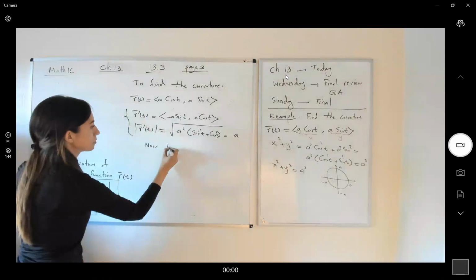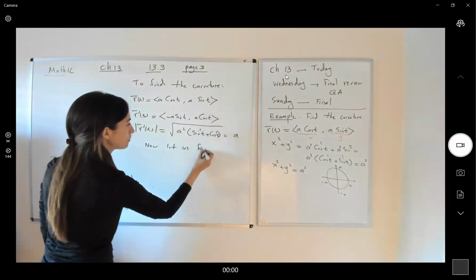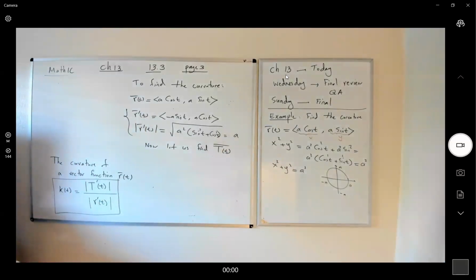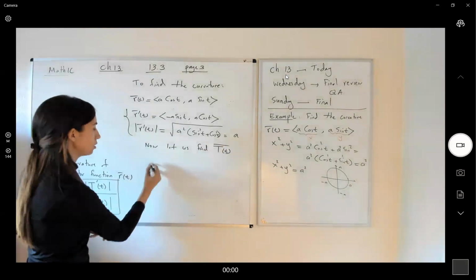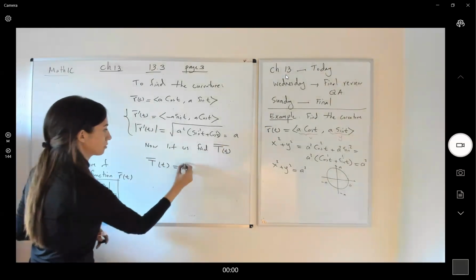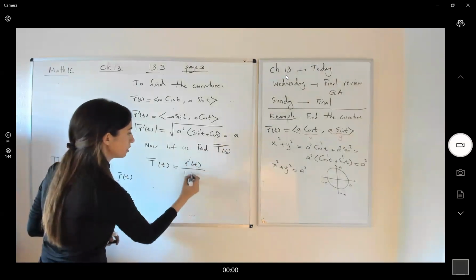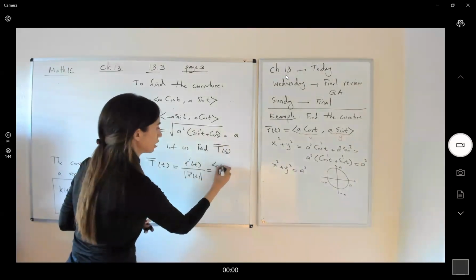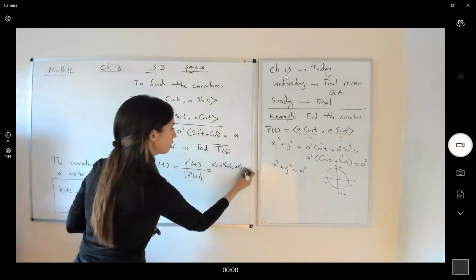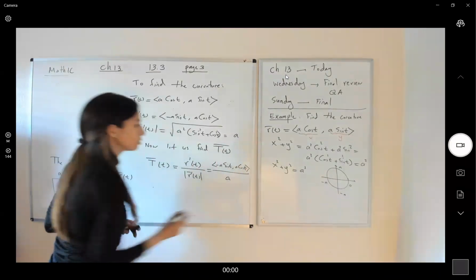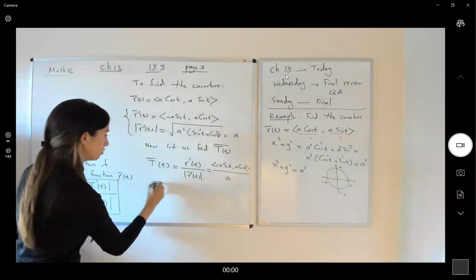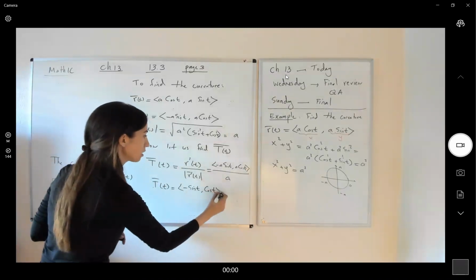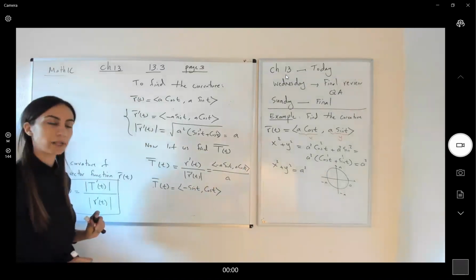Now let us find the unit tangent vector. Your unit tangent vector is equal to r prime divided by the magnitude of r prime. r prime is negative a sine t, a cosine t, divided by the magnitude, which is equal to a. So the unit tangent vector is negative sine t, cosine t. I'm just dividing each of the components by a.